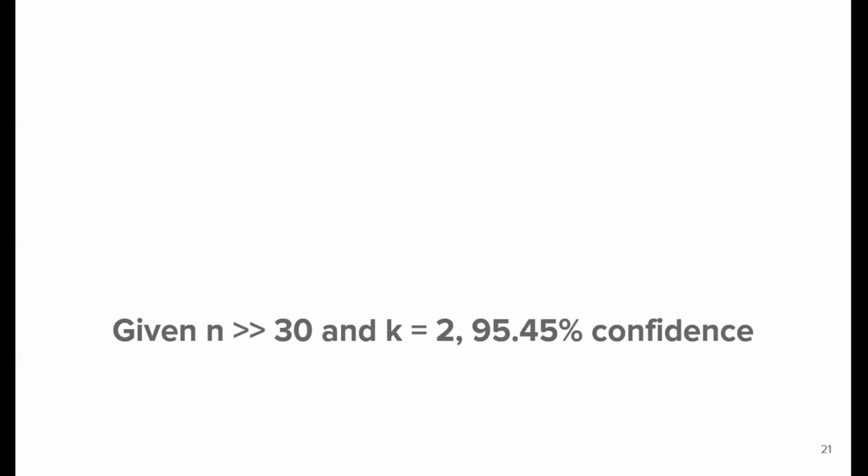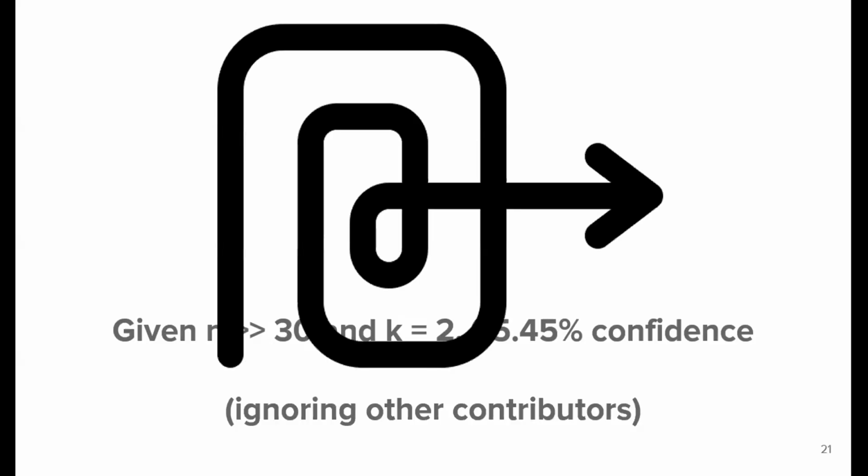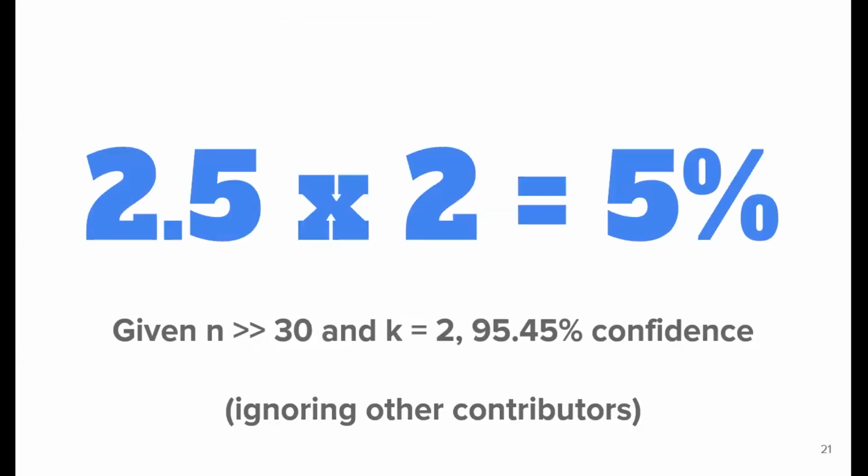So we're going to assume that it's sufficiently normal with an expansion factor of 2 at 95.45% confidence. We're going to ignore all of the contributors, pretend that there's nothing else affecting the measurement uncertainty. And when we shortcut this, what do we get? You get 2.5, times 2 for that expansion factor at a 95% confidence. You get an expanded measurement uncertainty of 5%.